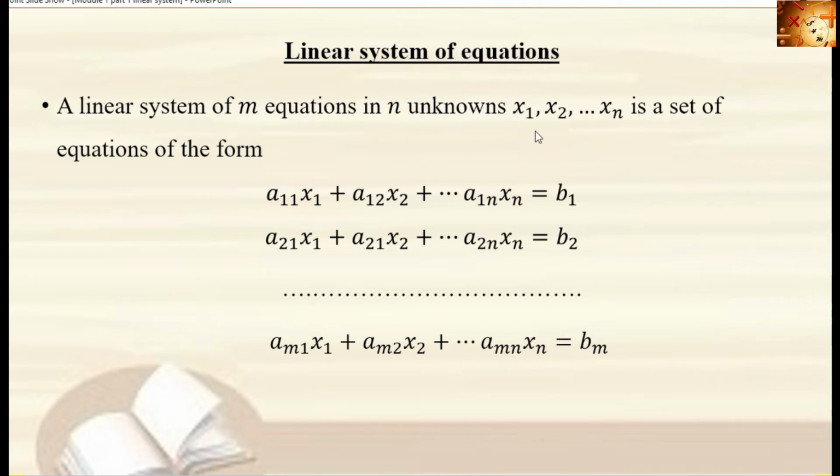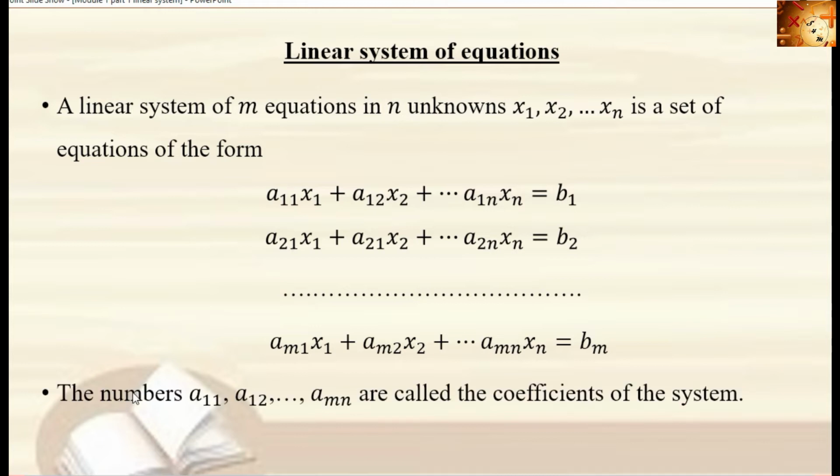This consists of m equations and n unknowns. The unknowns are x1, x2, etc. xn. Here the numbers a11, a12, etc. am1, am2, etc. amn are the coefficients of x1, x2, etc. xn. That is, they are the coefficients of the system of equations. And x1, x2, etc. xn are variables. And on the right hand side we have b1, b2, etc. bm, which are also numbers.